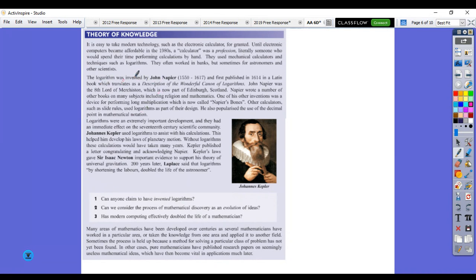This says the logarithm was invented by John Napier. But were they always there? And is it just discovering something that was actually there? What is it? How is the knowledge? Just kind of read through and think about it. Okay.